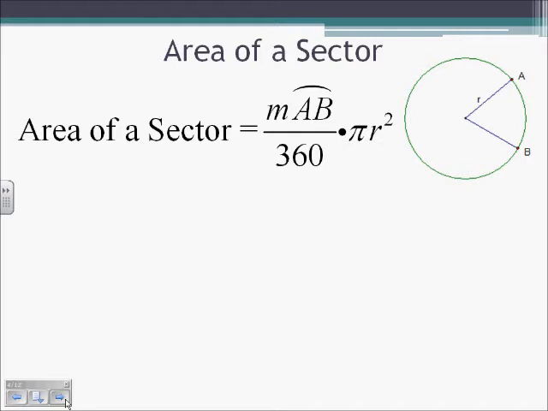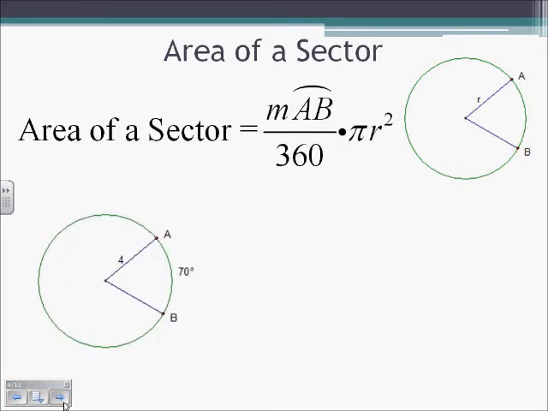So we use the circumference and multiply it by the fraction of the circle, which is whatever our angle over 360 is. Here we're looking for the fraction of the area because our sector is similar to a piece of pizza. It's that area that includes the arc, and the two sides are the radius.